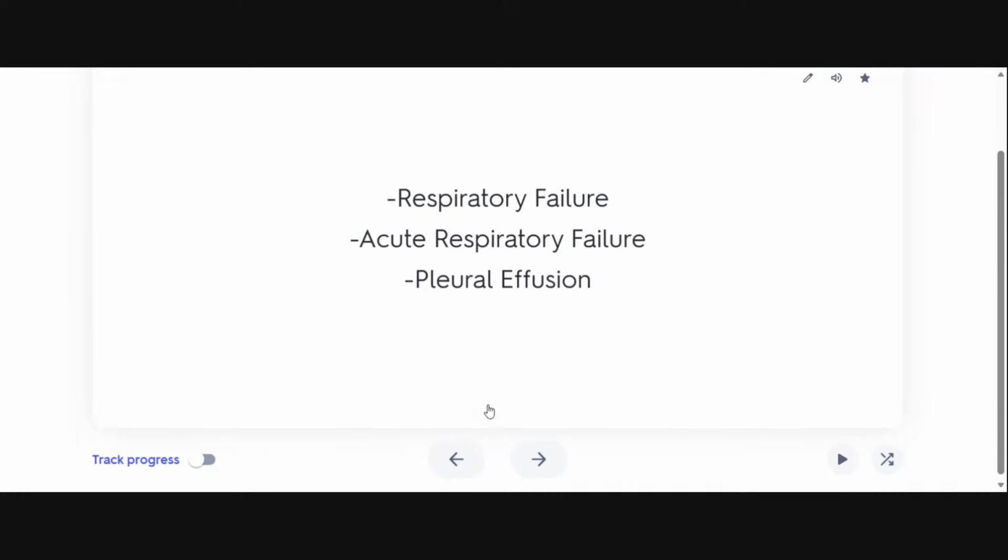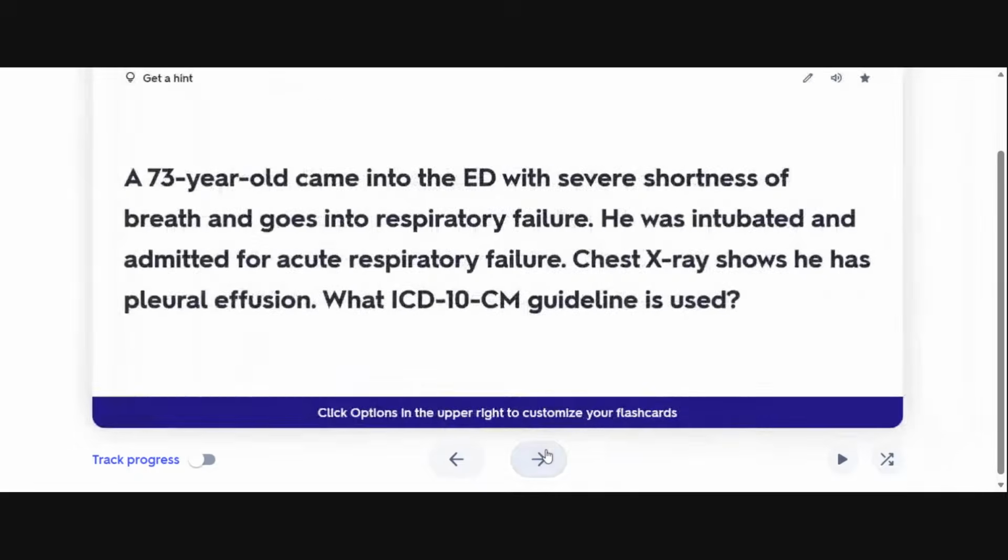So great work. Now we are going to move right over. You guys know we are going to be using the same scenario, looking at the keywords. Now, what guideline are we going to be using from this? I'll give you guys a hint. It's going to be from chapter 10, Diseases of the Respiratory System. So with that hint, put it in the chat and then we will go over it.